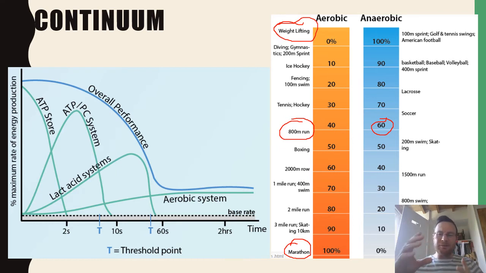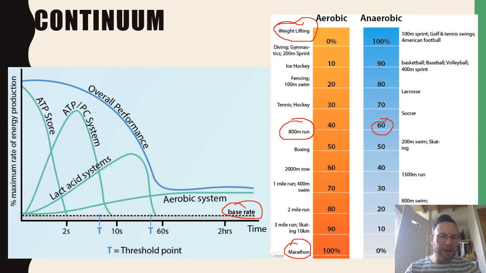All of the systems are working in varying degrees depending on the exercise, your level of fitness, and the intensity that you're working at. So the aerobic system is always working in the background. On this picture on the left-hand side, it mentions what's called the base rate. I think it's a really nice thing to include.